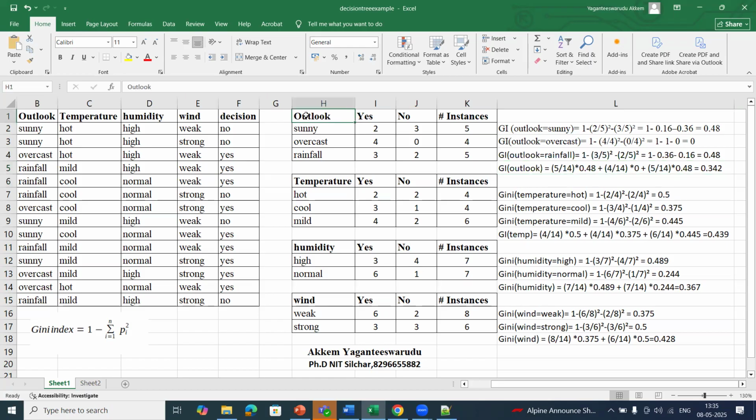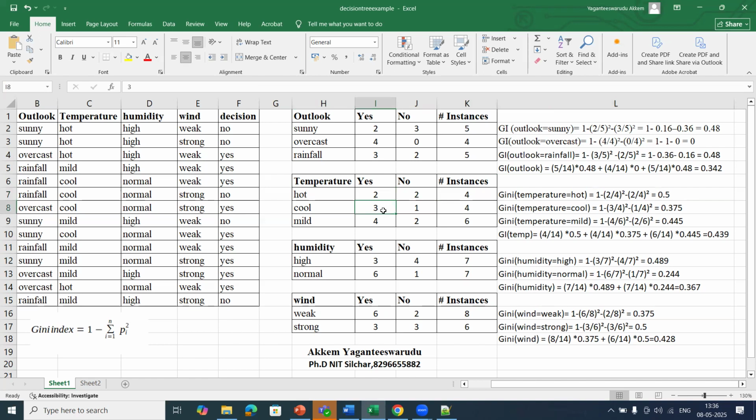Similarly, this is the outlook Gini index. You need to calculate the Gini index for temperature, humidity, and wind. First see the calculation for temperature. For hot, there are 4 records, so the Gini index is 1 minus 2 by 4 whole square minus 2 by 4 whole square, that is 0.5.